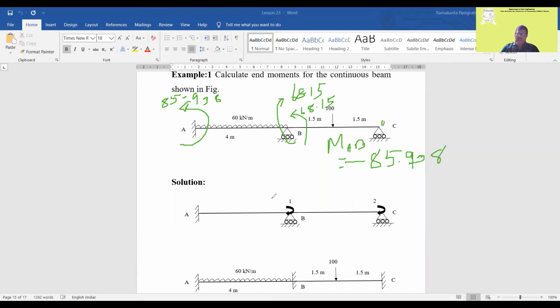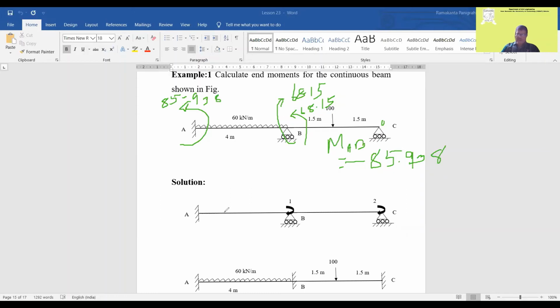Now if you draw the bending moment diagram, how does it look? Let me draw here itself.